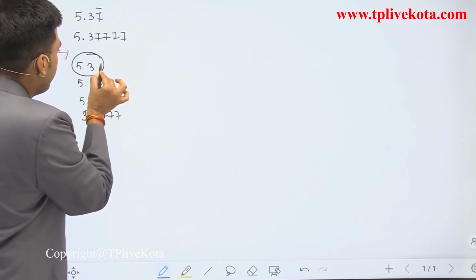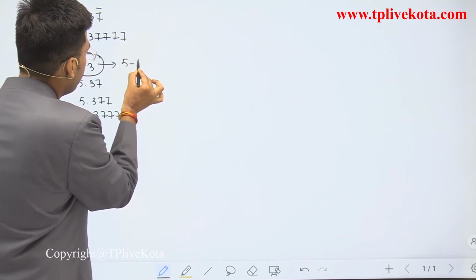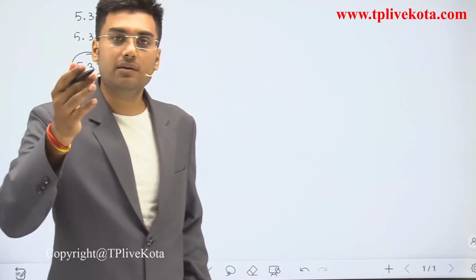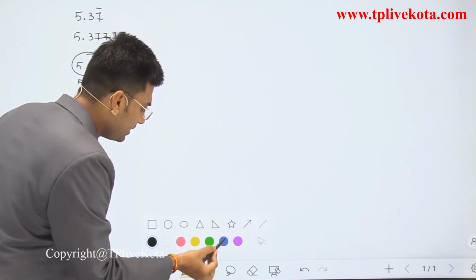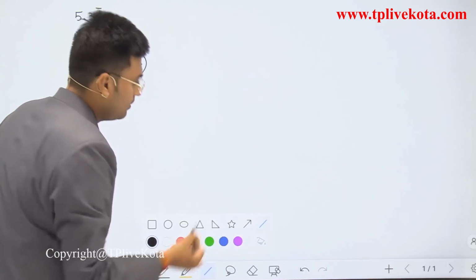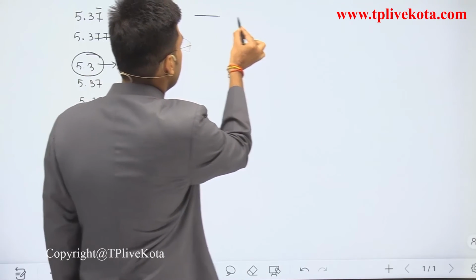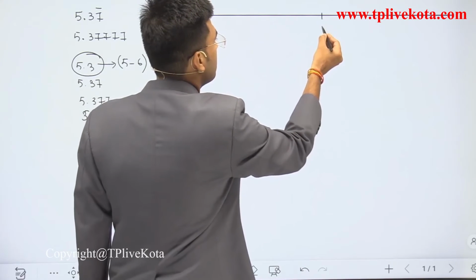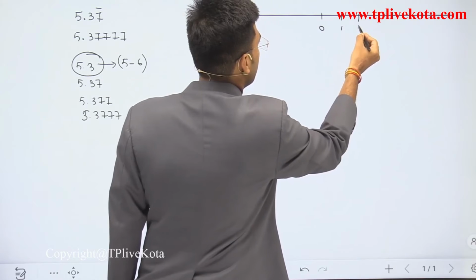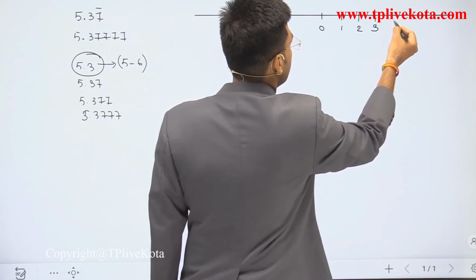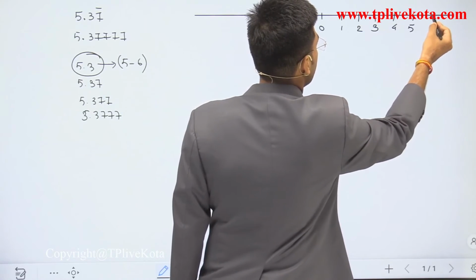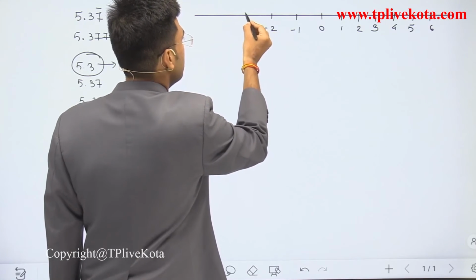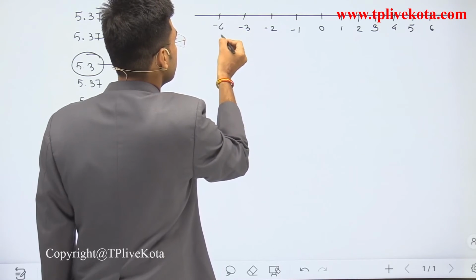Now we know that 5.3 lies between 5 and 6. So we divide 5 and 6 into subparts. This is our number line: 0, 1, 2, 3, 4, 5, 6, and here -1, -2, -3, -4.